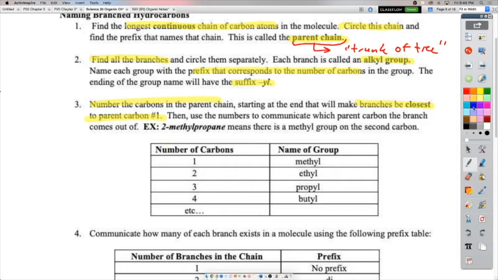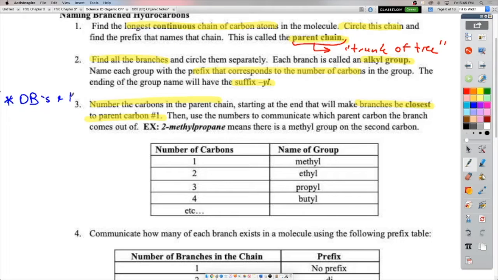Just a side note on that, you might come across one that has a double or a triple bond and branches. If that's the case, how do you decide which one to prioritize? Well, we prioritize the double or triple bonds. So double or triple bonds still get the lowest number, even if it means giving the branches a higher number, okay? So that's kind of a side note for number 3.